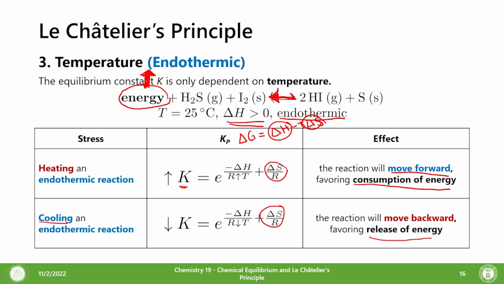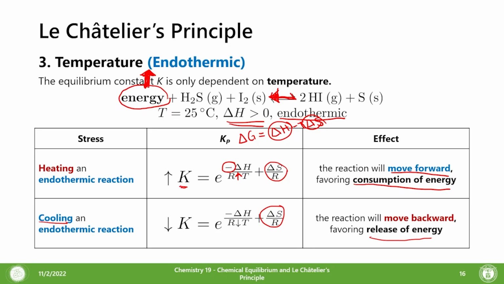So how does this occur mathematically? No. By increasing the temperature here at the denominator of our exponent, what happens is we decrease the total. I'm sorry. Since it's negative, by increasing the denominator, we're actually decreasing the magnitude of the exponent.